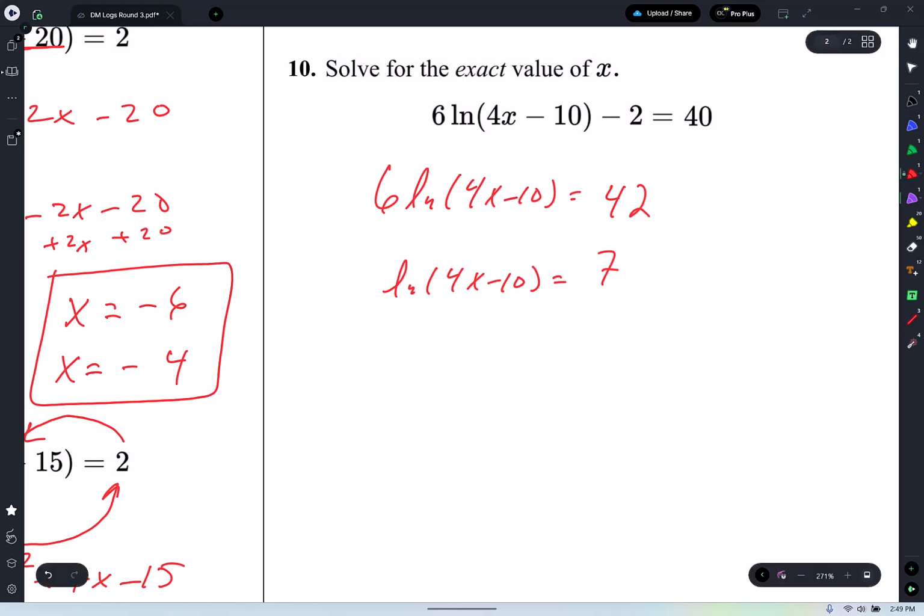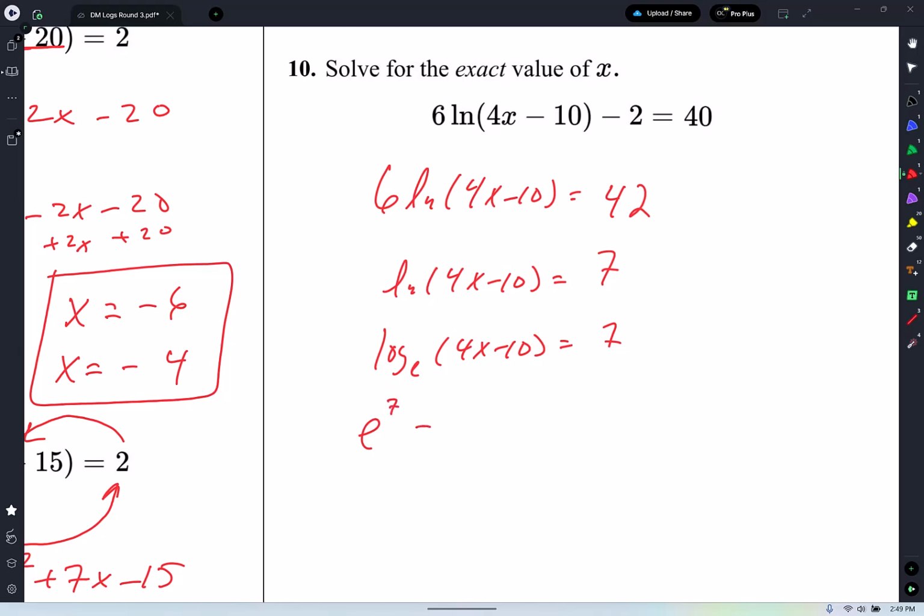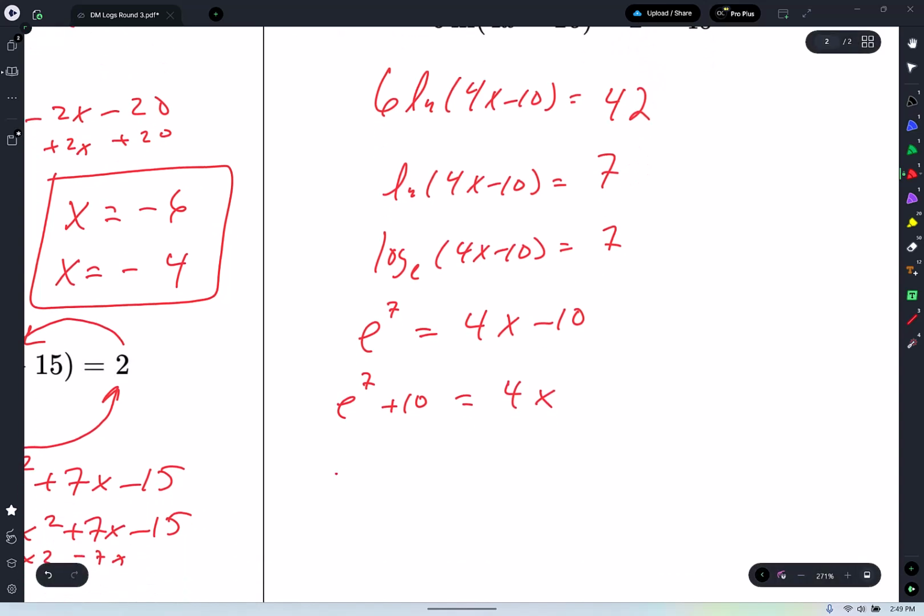If you don't feel comfortable, just go log base e of 4x minus 10 equals 7. Turn it into an exponential: e to the 7th equals 4x minus 10. Plus 10, e to the 7 plus 10 equals 4x. And then what's the last move? Divide by 4. e to the 7 plus 10, divided by 4, equals x. There it is.